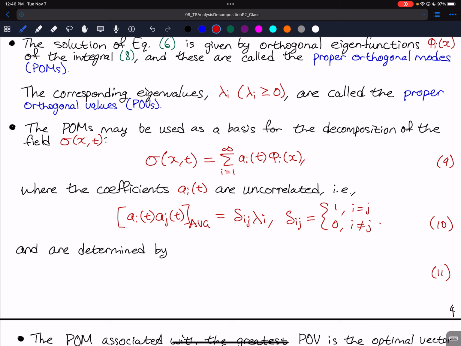And they are determined via the inner product between sigma of x, t and phi_i of x, in the same way you would do a Fourier projection, in which case your basis functions are sines and cosines, or you might do a modal projection.